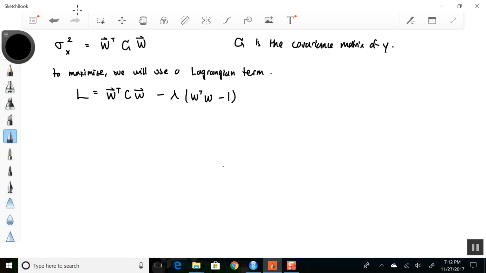Okay, so we want to find the w that maximizes this, and if we take partials with respect to this, then we would get that equal to that, and the 2 gets eaten by the lambda, just because the lambda is some arbitrary constant.